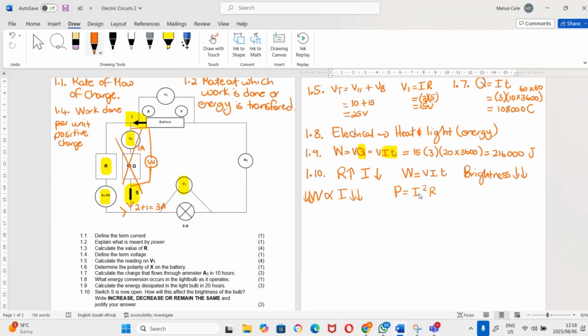So if power is directly proportional to current, assuming that the resistance of the bulb is constant, then if the total current decreases, then the total power dissipated or energy dissipated over the bulb should also decrease. Okay, that's pretty much what that's about. I hope that helps. Thank you.